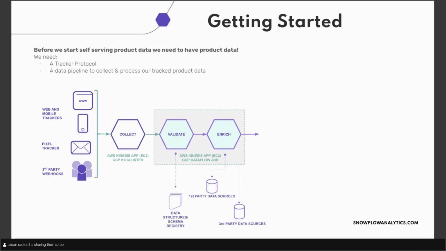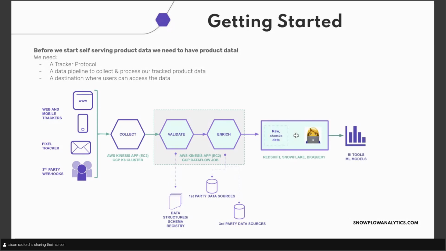The other 2 steps are optional, but Snowplow likes to validate things first using JSON schemas to make sure the event doesn't contain any information that we're not expecting. We also like to give our clients the option to enrich their data using a variety of first and third-party data sources.